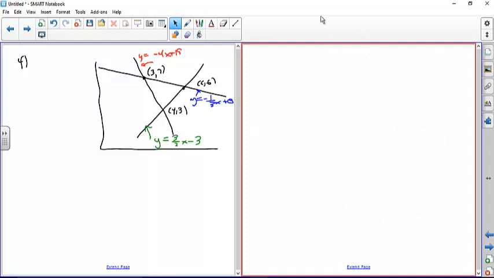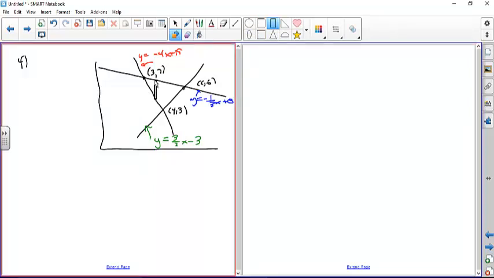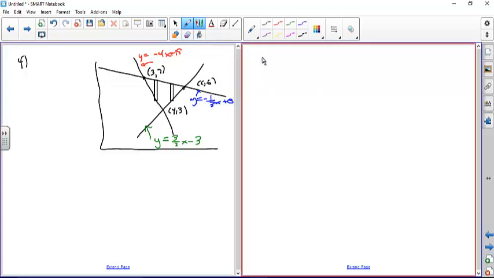Now, to do these, both cases used vertical rectangles. So we use the shell method around the y-axis or the washer method around the x-axis. And all I was asking for was the equations. So let's say the washer around the x-axis.